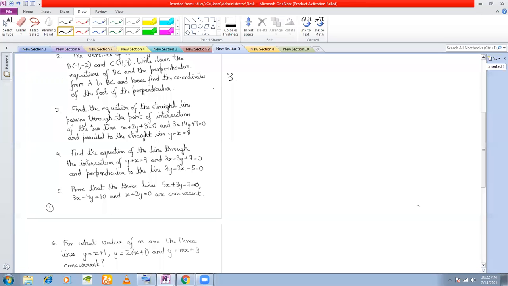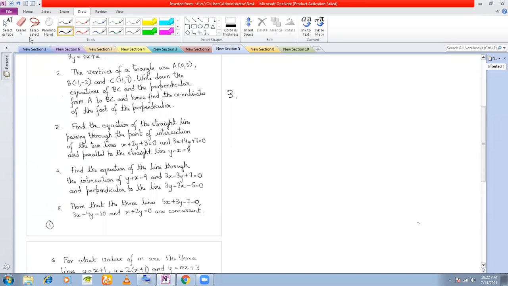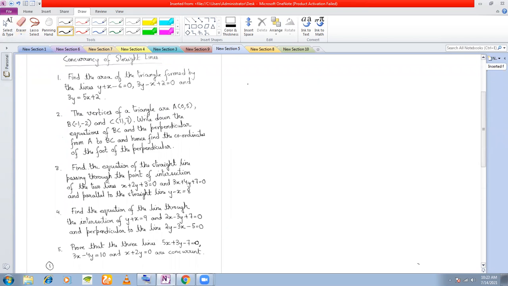Now, I forgot to mention one thing before the start of this exercise. There's something more you should know, just note this down.